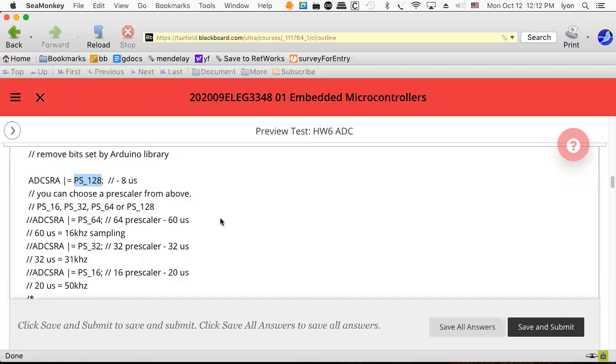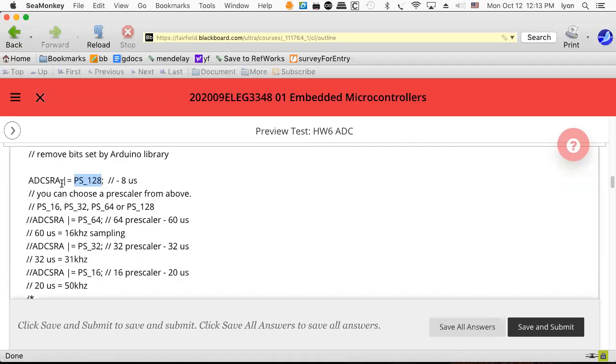If I had 16 megahertz, another way to do this, and divided through by 128, I had 125 kilohertz. What's 1 divided by 125,000? Yeah, that's 8 times 10 to the minus 6. So that's 8 microseconds.